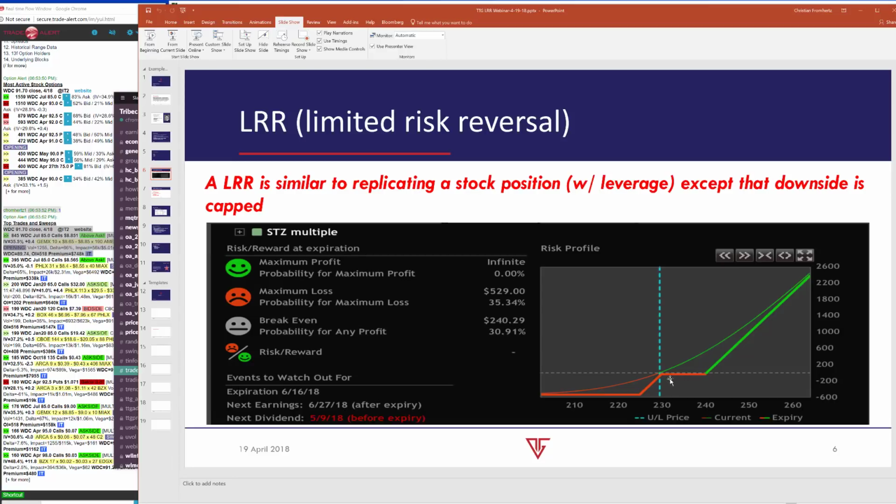I've got a lot of bumper room. Till I get to the call side, I don't have bumper room to the downside. I start to immediately lose money if the stock goes down. But I do like, for the most part, to give a little bit of bumper room in the middle, and this way, if the stock doesn't do much, I'll lose less than what I would by buying an outright call.